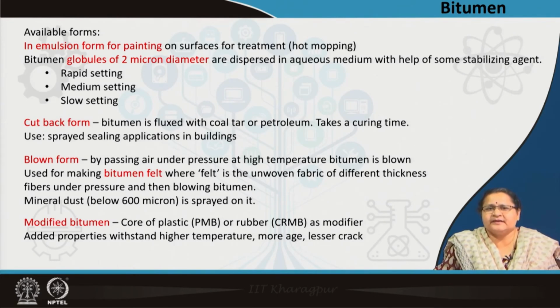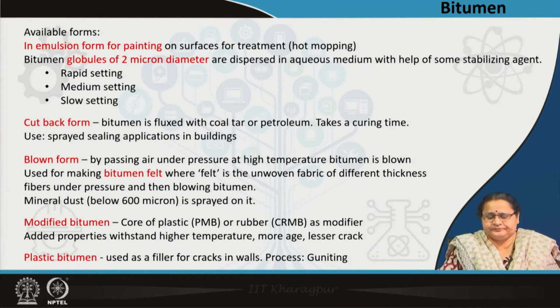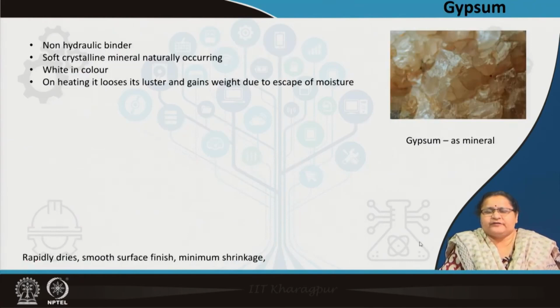It may have use in large spans of roofs. Plastic bitumen again is used for filler in cracks on walls. It is pushed through by the process of grouting in foundations, etc. So, after laying bitumen, I hope you understand that this black, dark, ugly material, how friendly it is to a building.